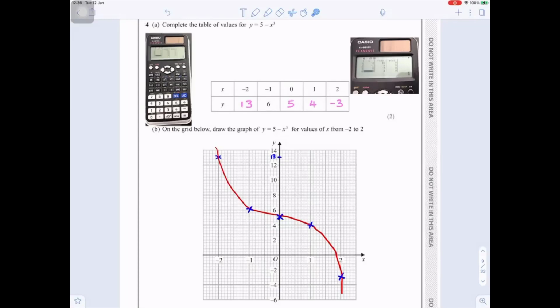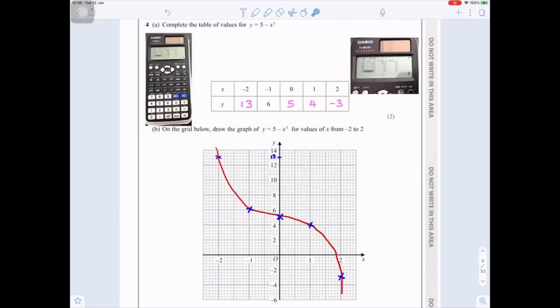And you can check them without a calculator, like substitute 0. 5 minus 0 cubed is 5. And you substitute 1. 5 minus 1 cubed is 4.